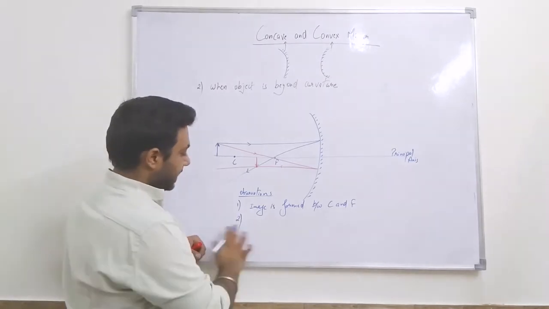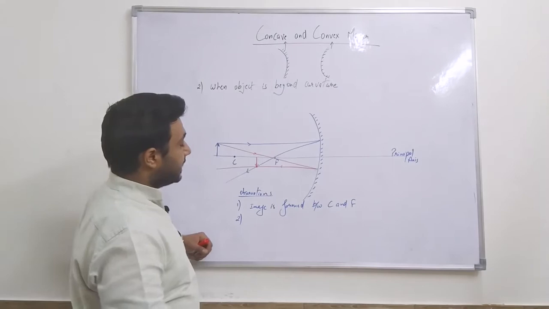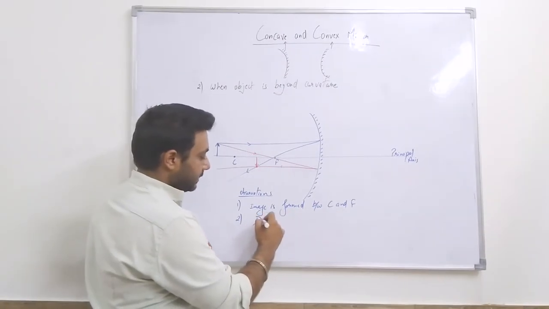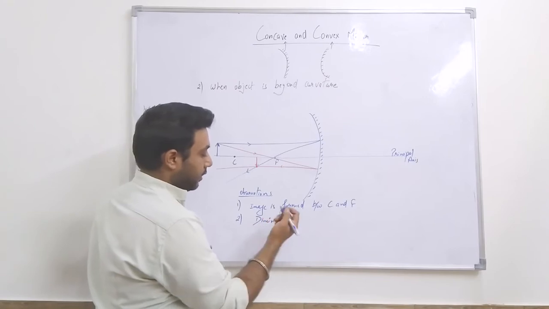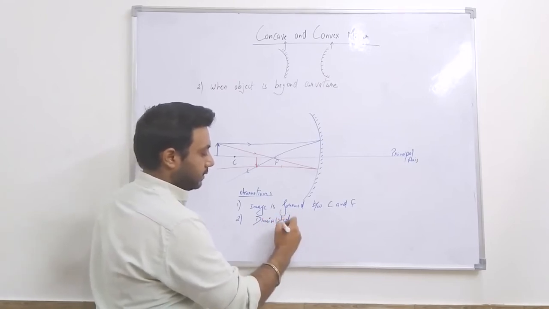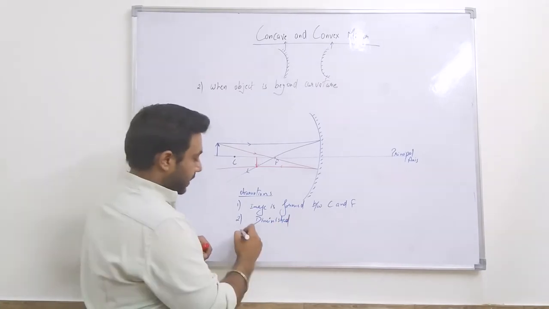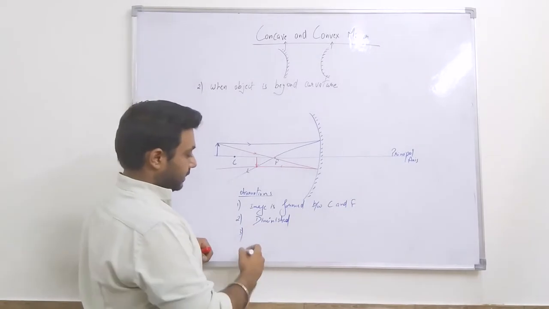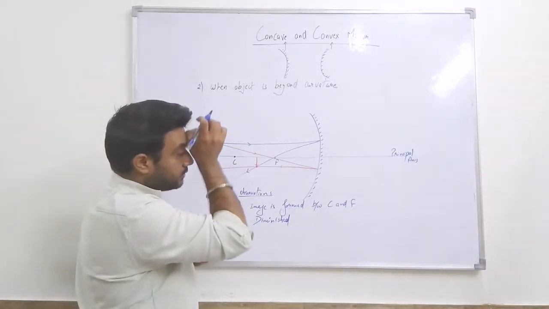Next, second observation is that it is smaller, it is diminished. The image size is diminished. Done. Now third point, nature of the image.